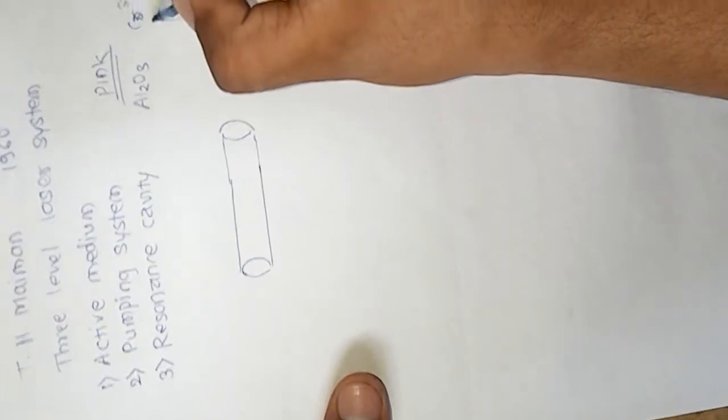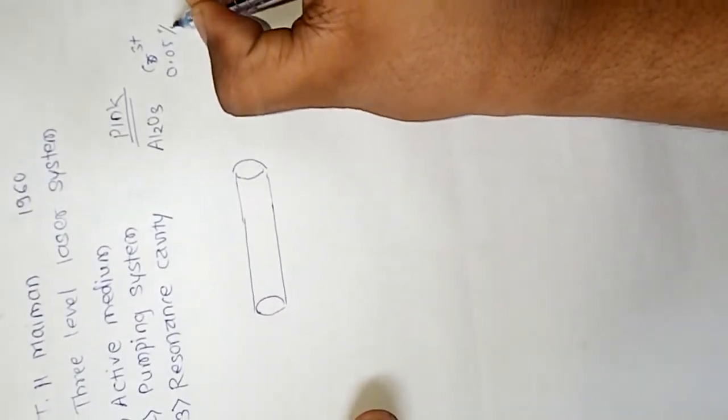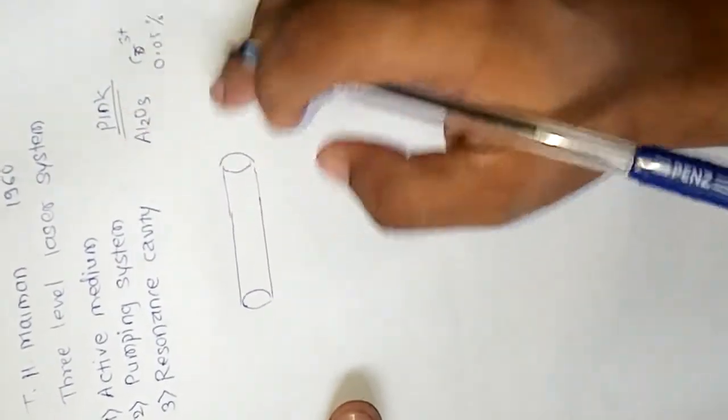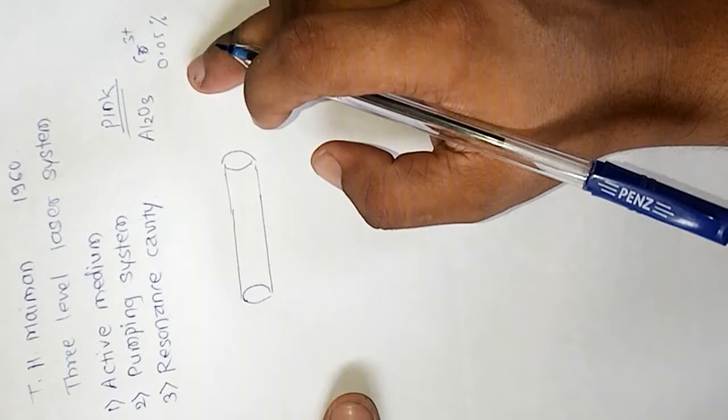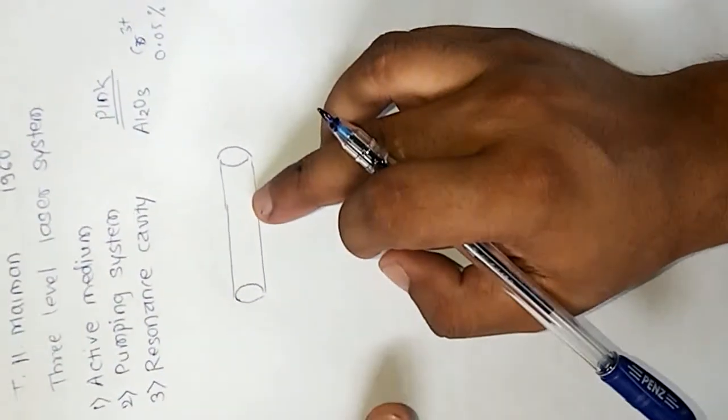The percentage of these Cr3+ ions is 0.05% in this composition, and these Cr3+ ions act as the medium for this ruby laser.